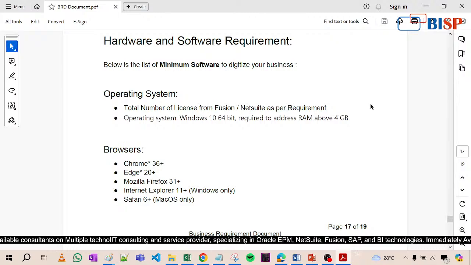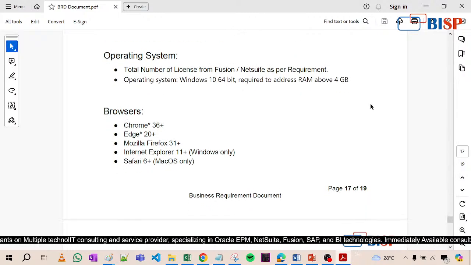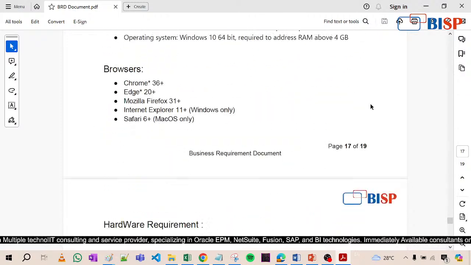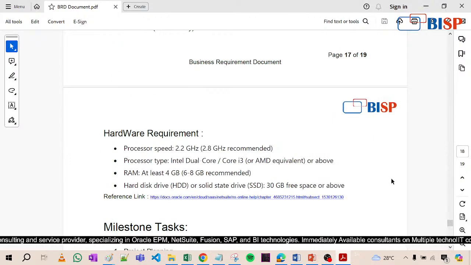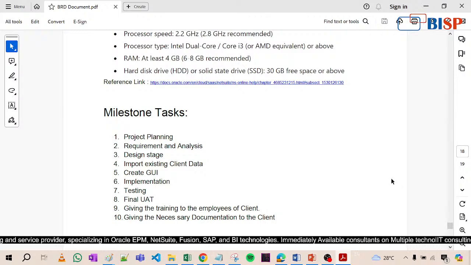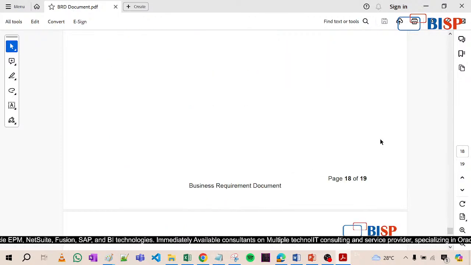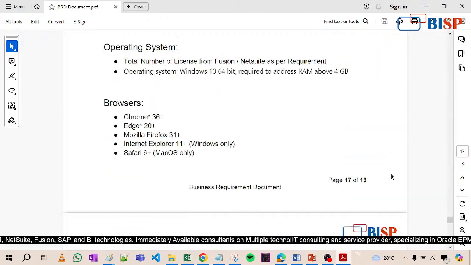So you have to provide each and everything, what type of hardware and software requirements there are, so that they will be ready once the project is implemented. Here are the hardware requirements, and then the milestone tasks: project planning, then requirement and analysis, design stage. That means we are also giving them our process, how we work, how we are going to implement Fusion, and the rest is our contact information.